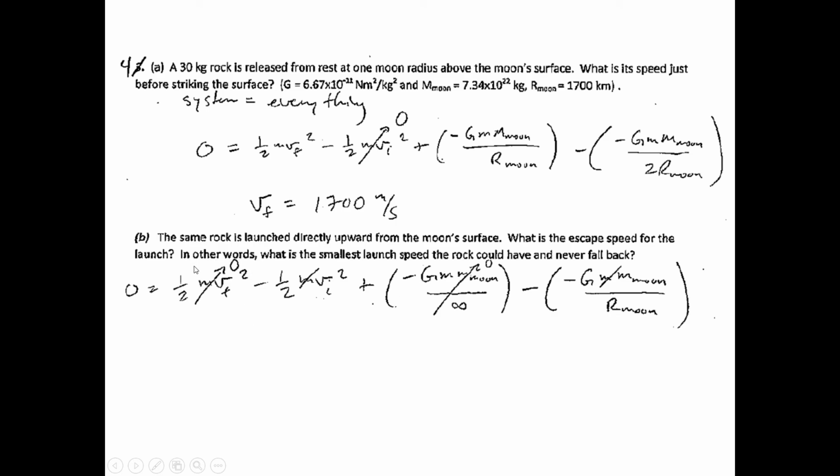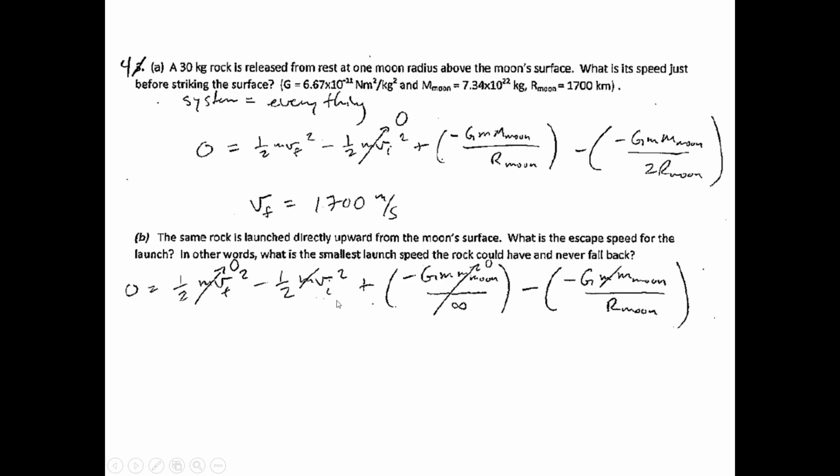Similarly, when it's really far away, we're assuming that its speed is going to go to zero. That defines the escape speed for the initial condition. So we want our final speed to be zero. So this first term also goes to zero. The initial condition is that it's 1 moon radius away from the center of the moon. So r is equal to r moon in this case for the initial.